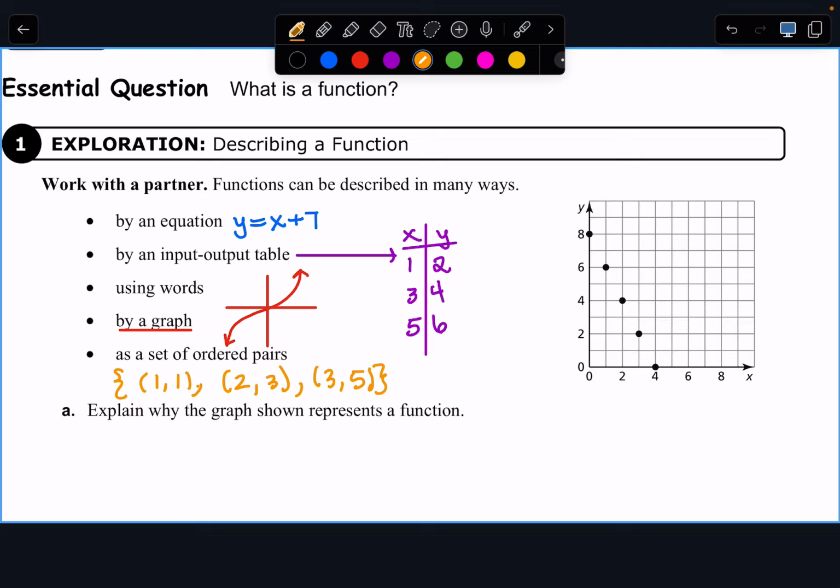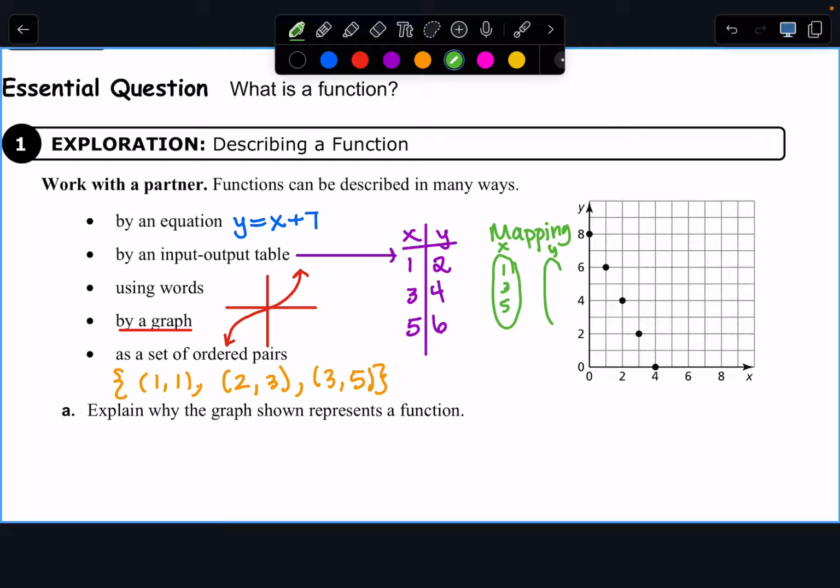Okay. We also have what's called a mapping. Okay, and what I'll do is my purple XY table, I'll make it a mapping. So my X's are 1, 3, and 5.